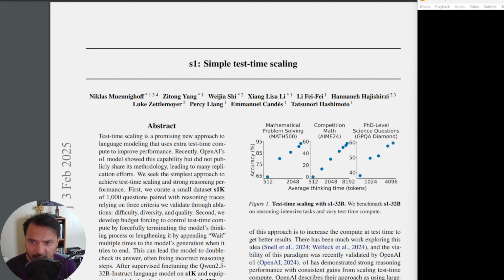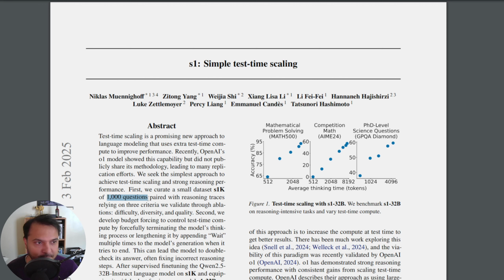So this paper came out, "simple test time scaling," which has been making the rounds recently, and it is quite interesting because they show that all you need to improve the reasoning capabilities of your model is a data set of 1,000 questions.